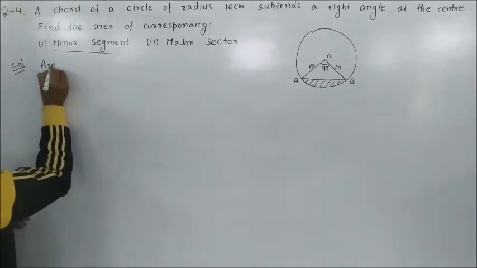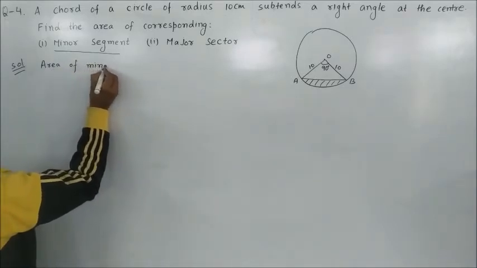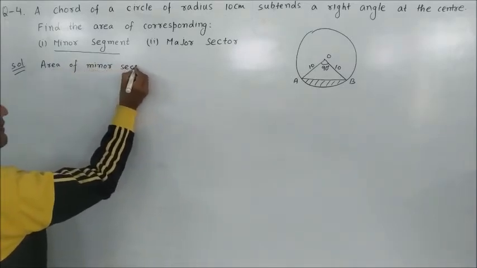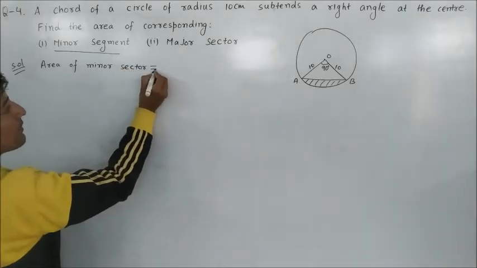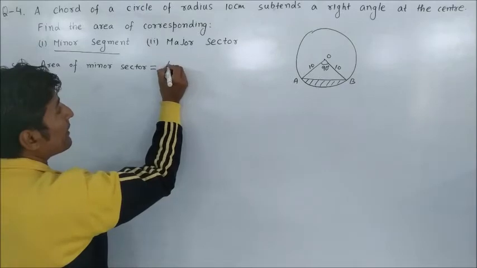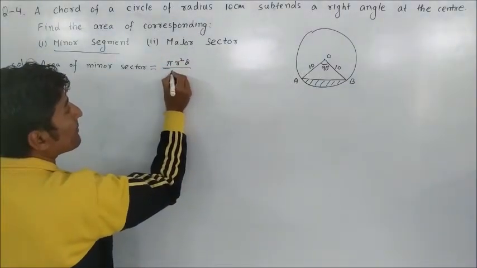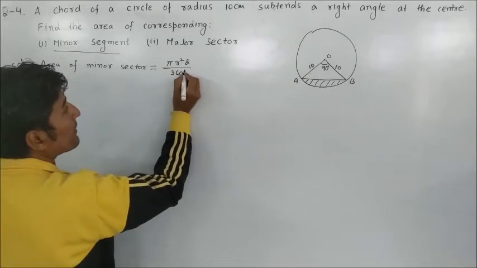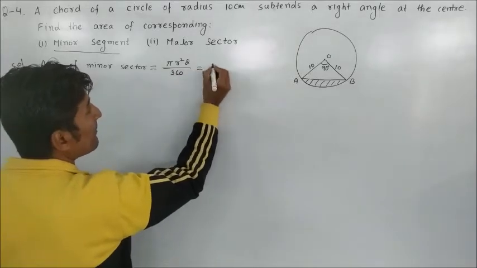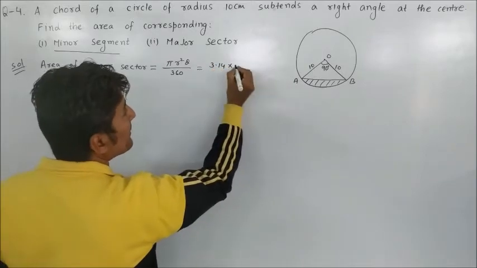Area of minor sector is equals to pi r square theta by 360. So we can write here pi r square theta divided by 360 degree. On the place of pi, we have to use 3.14 into radius is given 10.